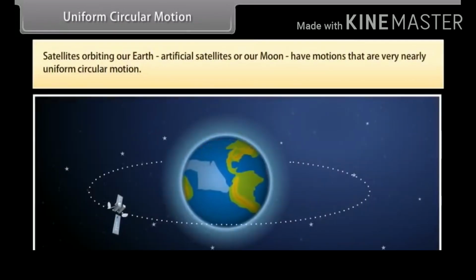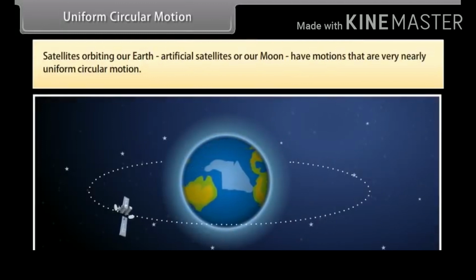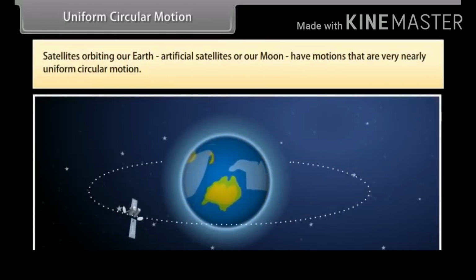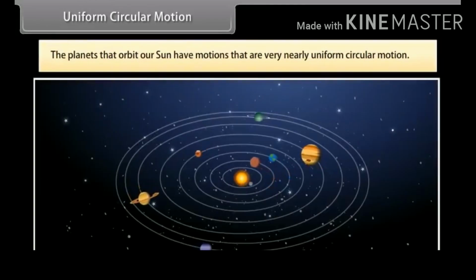Satellites orbiting our Earth, artificial satellites or our moon, have motions that are very nearly uniform circular motion. The planets that orbit our sun also have motions that are very nearly uniform circular motion.